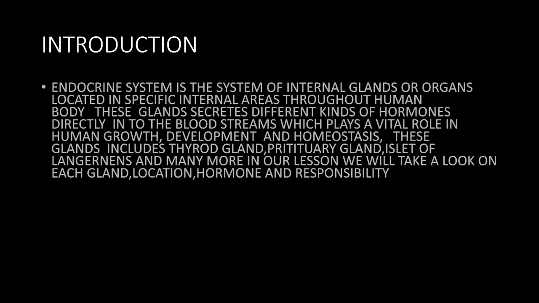In our introduction, we are explaining what the endocrine system is so that you'll be able to define it and get a better understanding. Introduction. The endocrine system is a system of internal glands or organs located in specific internal areas throughout the human body.